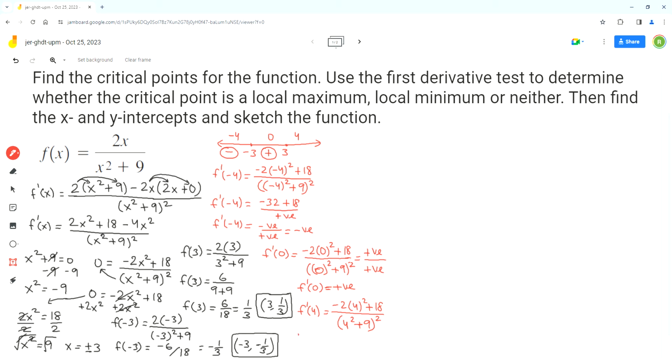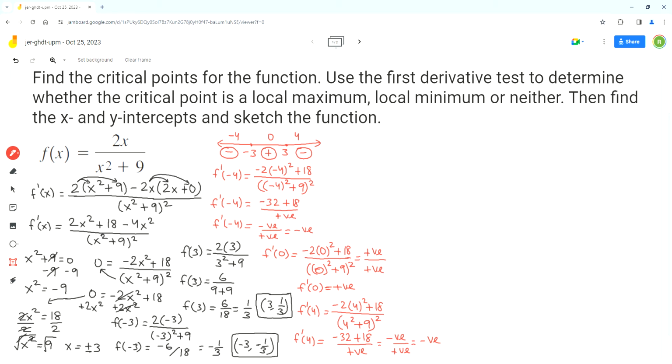Now in the numerator, 4 squared is 16, and 16 times negative 2 is negative 32 plus 18, and the numerator will be a negative number. Now here the denominator will be a positive number. The numerator will be negative, so we'll get negative over a positive result, which will be equal to a negative overall result. So that means the function on the right side of the critical number x equals 3 is a decreasing function.